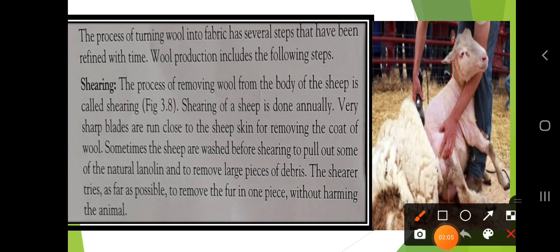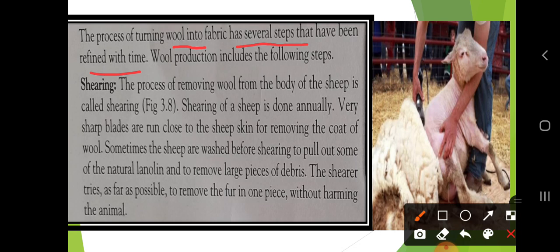The process of turning wool into fabric has several steps that have been refined with time. In earlier days different techniques were there, but nowadays we are learning about the extraction of wool which we are discussing here. So the first thing is shearing.